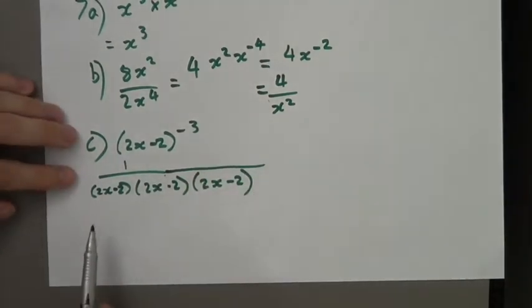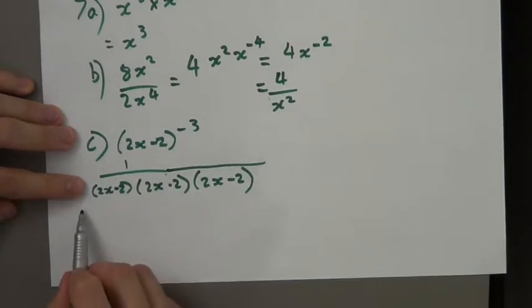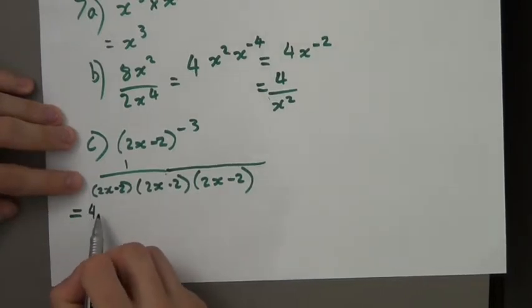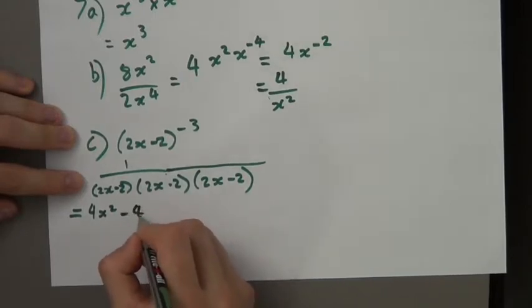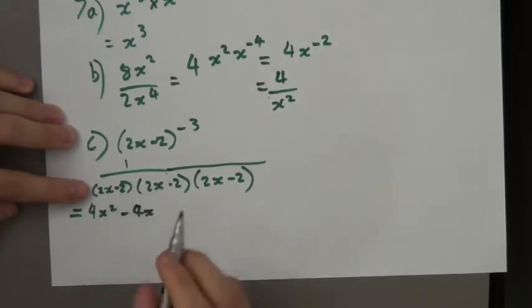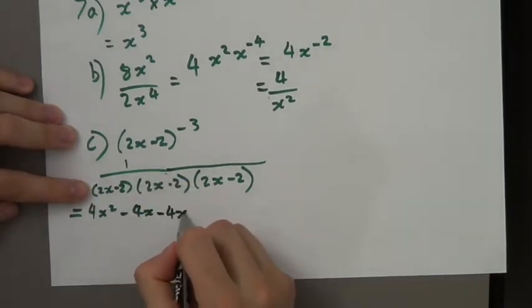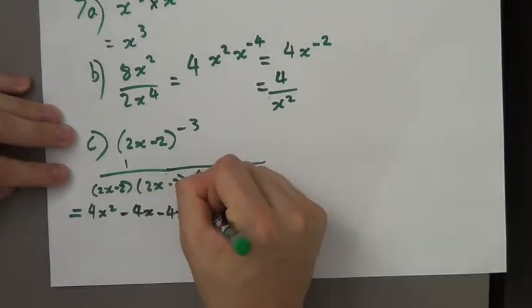Okay. So first of all, 2x times 2x gives me 4x squared. Then 2x times minus 2 gives me minus 4x. Then minus 2 times 2x gives me minus 4x. Then minus 2 times minus 2 gives me plus 4.